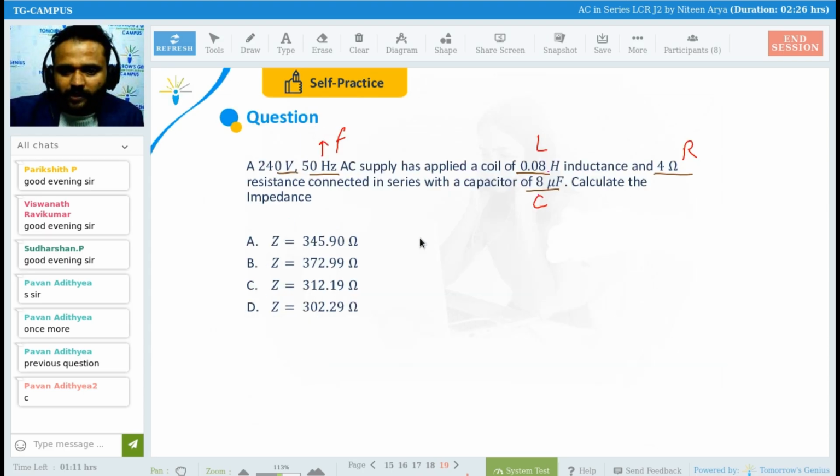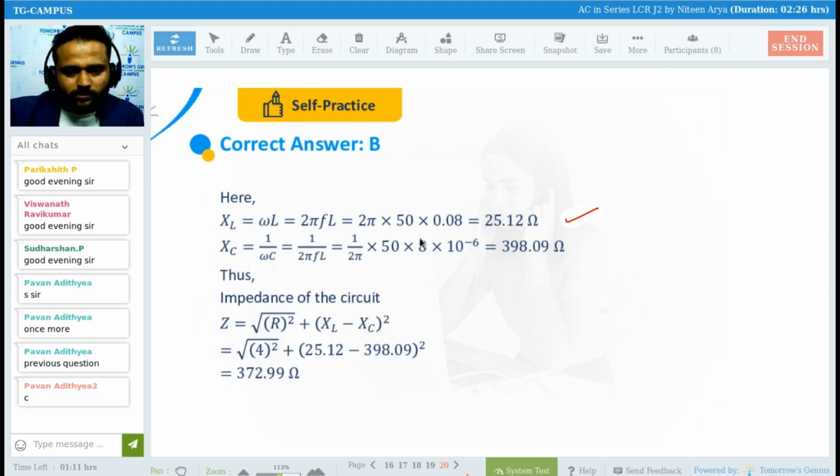C is going to be 8 microfarad, na? So 1 upon 2 pi f C. So 2 pi is correct. Then this is going to be not under root, but in the divide.